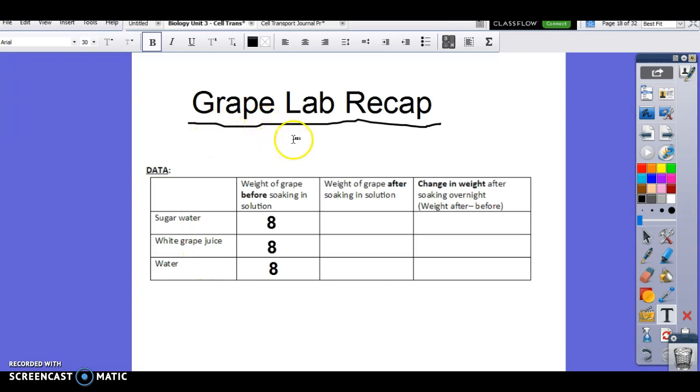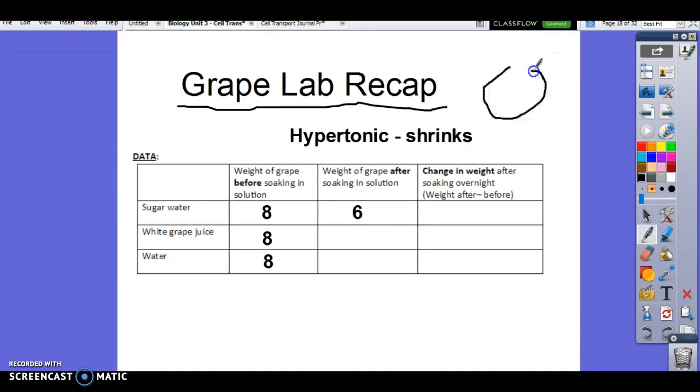Well, hypertonic means the cell shrinks. We weren't using cells, we were using grapes, so in order for it to shrink, it would lose water. So in the sugar water, the weight should have gone down, which makes sense because in my really bad grape drawing here, the water was flowing out and that caused it to weigh less.